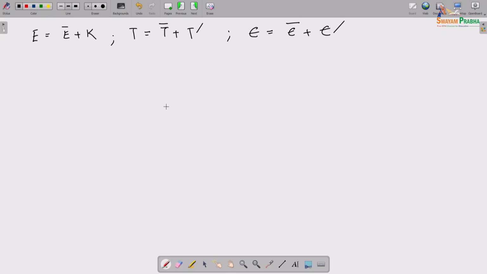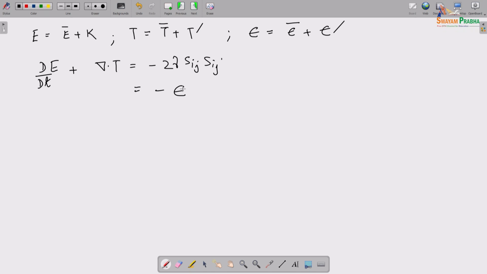Okay, so then we have the equation, which is basically this equal to epsilon.